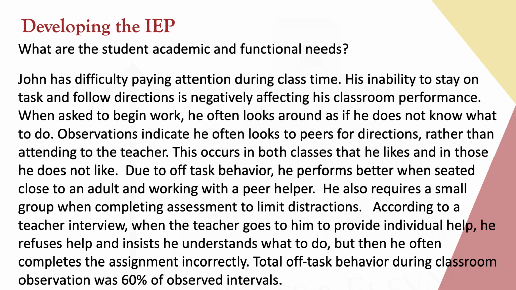There are 2 different types of direct observation used in this example: ABC and interval observation, as well as interview data. Additionally, 3 accommodations were included in the present levels that he needs to be successful. Now let's take a look at an example goal for this student based on the data that has been collected.